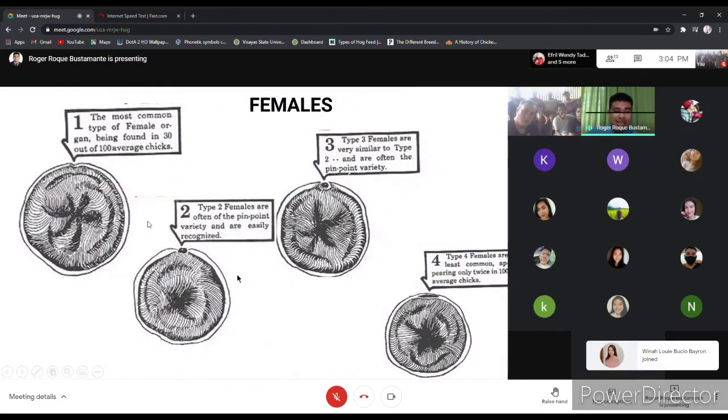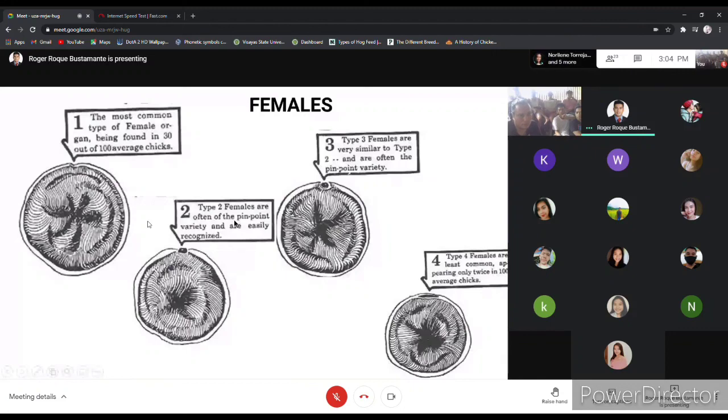So, for example, when you do vent sexing, I will be giving you the most common type of female organ, found in 30 out of 100 average chicks. Type 2 females are often the pinpoint variety.